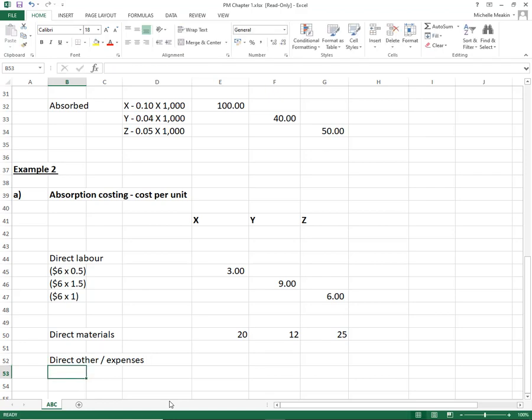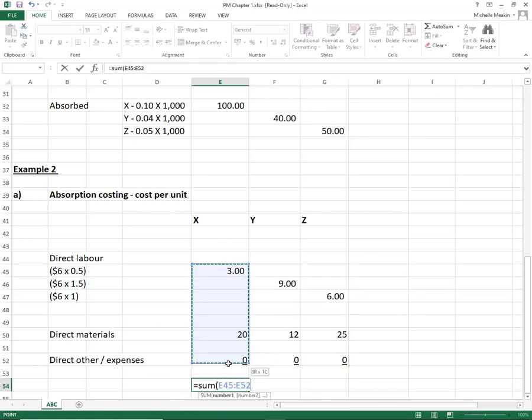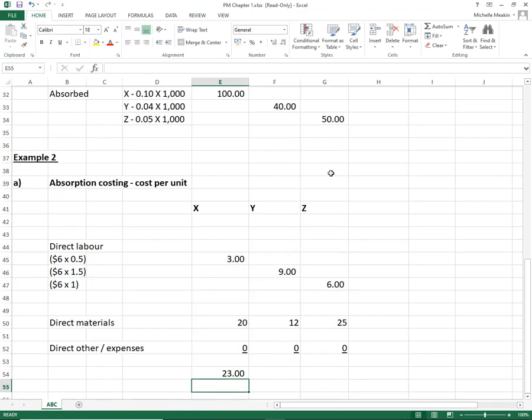Within this question, there are none. Nothing is told to us. So we can cast down the total of our direct costs and show the total prime cost per unit.